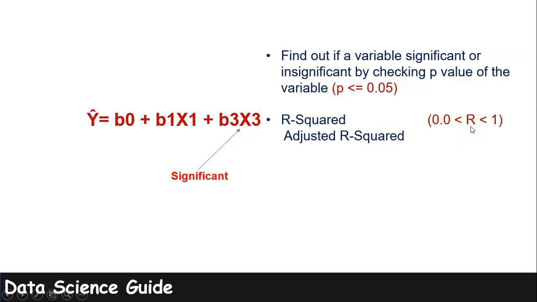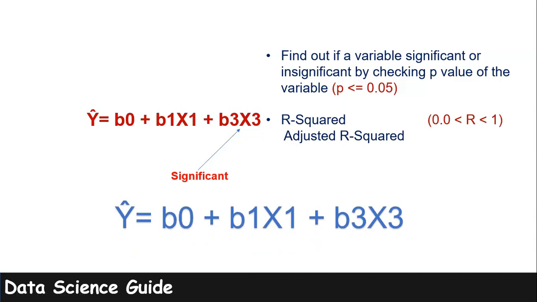Adding this new variable, it is significant and also improved the value of r-squared. So in this case, we tested all three variables that we have, and this is our final prediction model. We only kept x1 and x3 because both of them are significant and they improve the value of the adjusted r-squared.